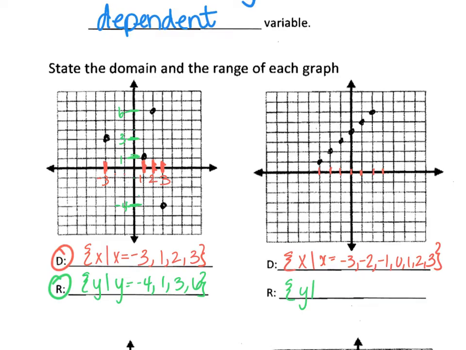When I write an inequality like this, does 1.5 count? Yeah. Is 1.5 one of these points? No. So we can't write that as an inequality between statement because we're not using every number in between -3 and 3. We're only using the integers. So we'll write it as a list.